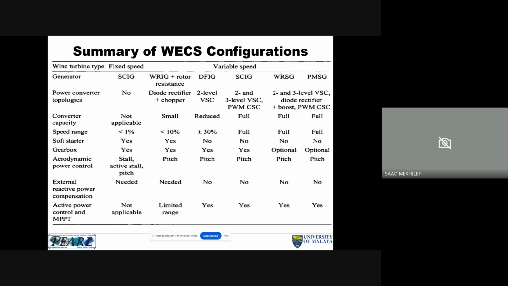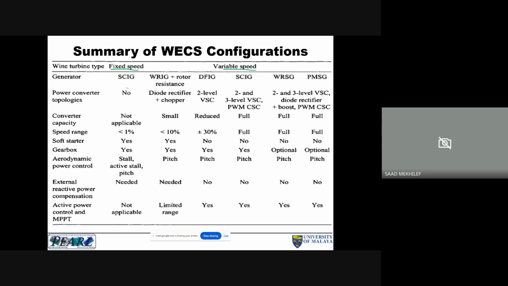If you remember, the wind turbine types are classified based on either fixed speed or variable speed. Under the fixed speed, we have seen especially the synchronous generator.